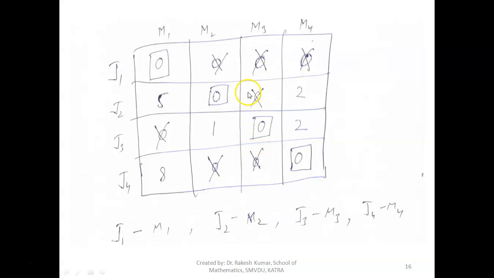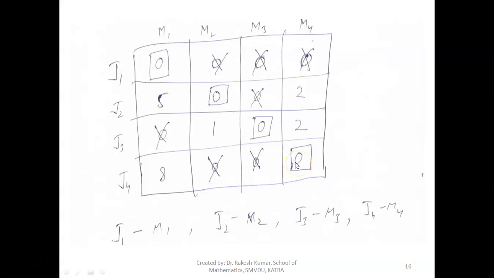This zero is crossed and this zero is crossed, and this is already crossed. So go to the next. Was this crossed earlier? No, it was not crossed. If you move here, this is crossed, and this was not crossed, and this was not crossed.